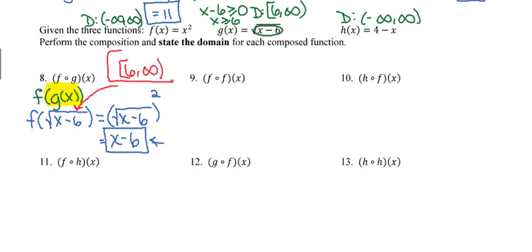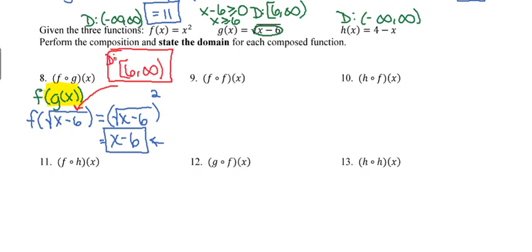And a way to think about that is that anything you input or put into that function is going to follow all the way down through to the very end. So even though the function at the end might not have any restrictions, the restrictions of the input are going to carry down, or trickle down, right into your final answer. So let me label that with a D for domain.